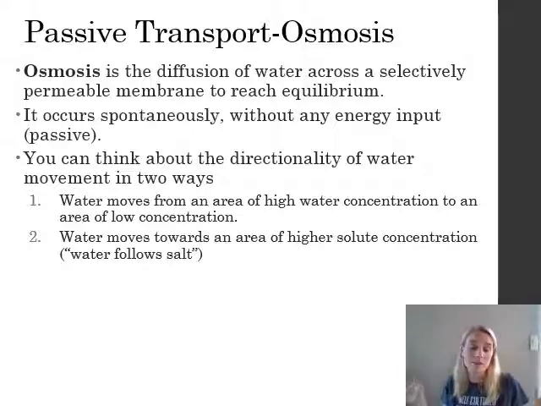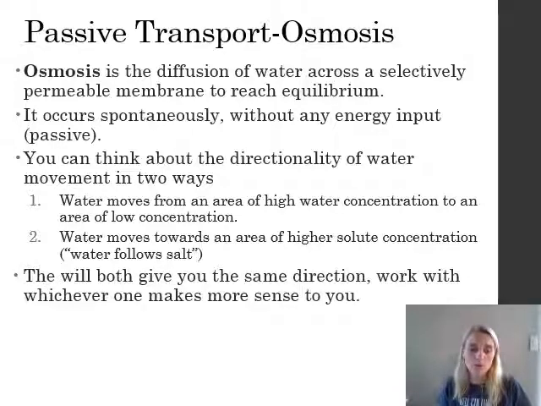If it makes sense both ways, use both ways. If you like the high to low water, use that. If you like water towards the higher concentration of solutes, use that. Use them both. Just pick whichever one works best for your brain. I like to use the water follows salt just because that's a little bit easier to figure out, because then I don't have to figure out the water concentration. I just look at where you have more solutes, and that's where the water is going to go.